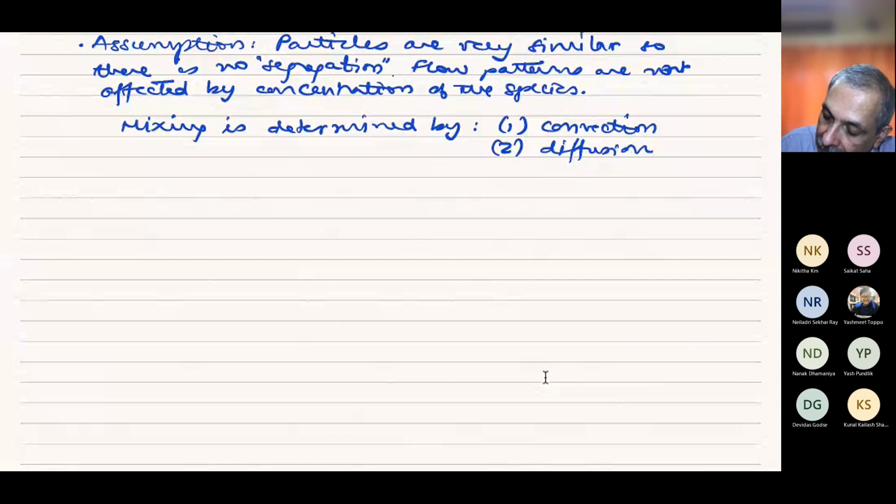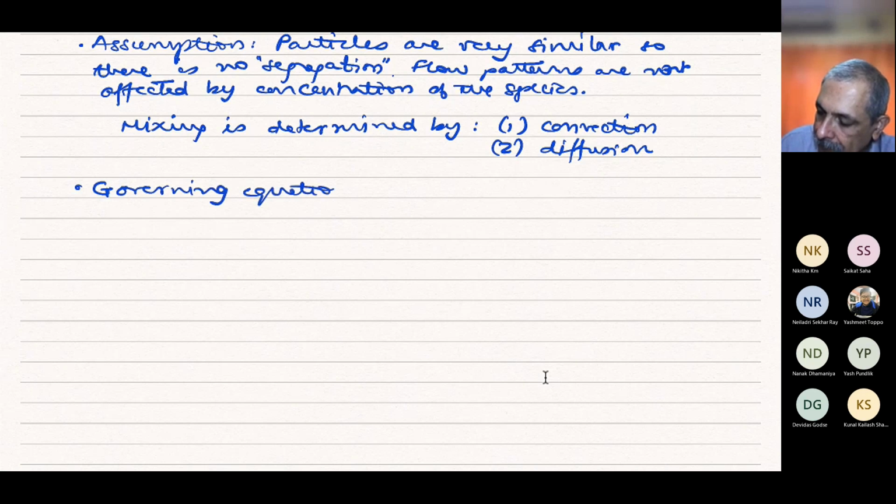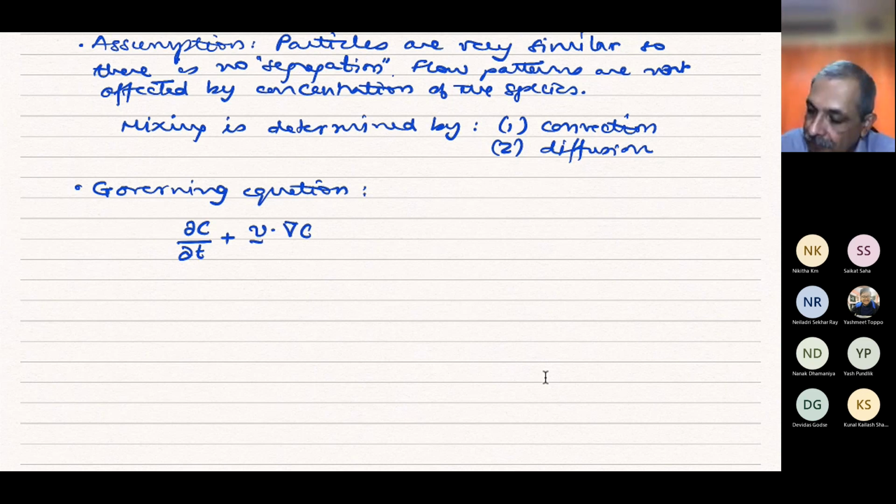And here, the governing equation is given by del C by del t plus V dot gradient of C is just equal to D into del squared of C.